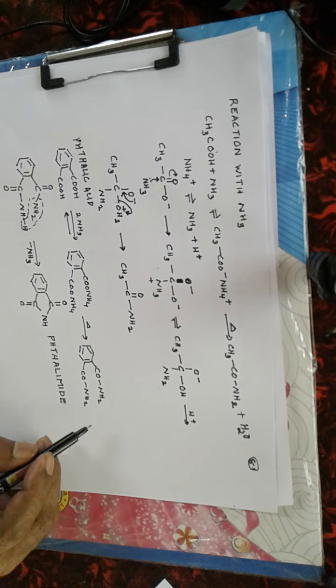We get CONH2 and CONH2, that is phthalamide it is called. You need not worry about the name. Now on further heating, a molecule of ammonia is removed, and the CO group connects to NH, and this molecule is called phthalimide.